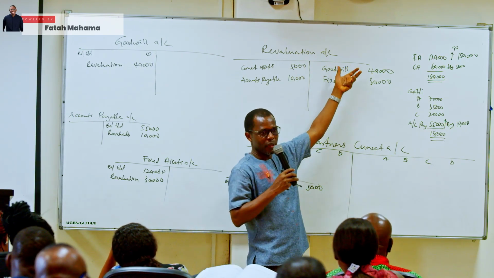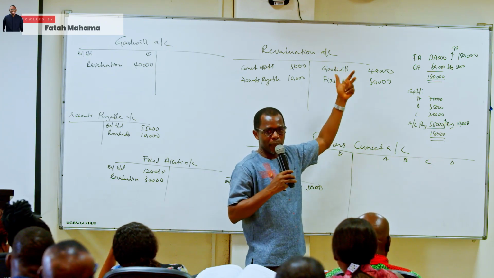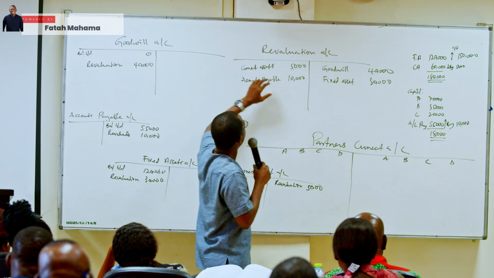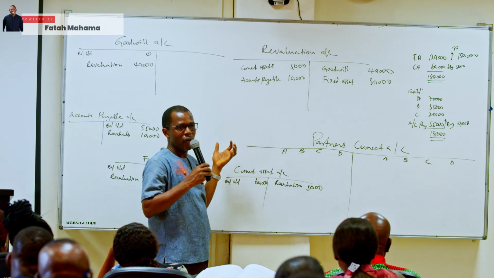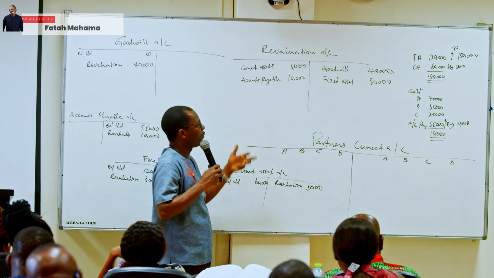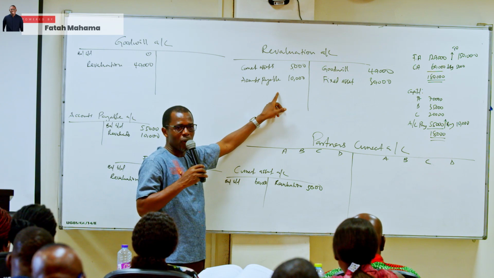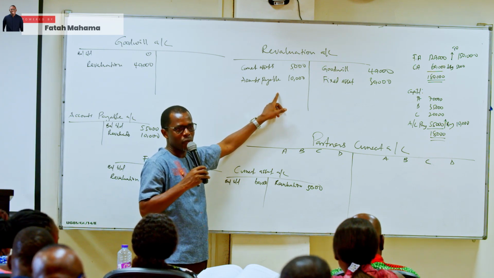Goodwill went up, is to the credit of the partners. Fixed assets went up, is to their credit. Current assets reduced because a debtor died, is to their detriment. Accounts payable, liabilities went up, is to their detriment.